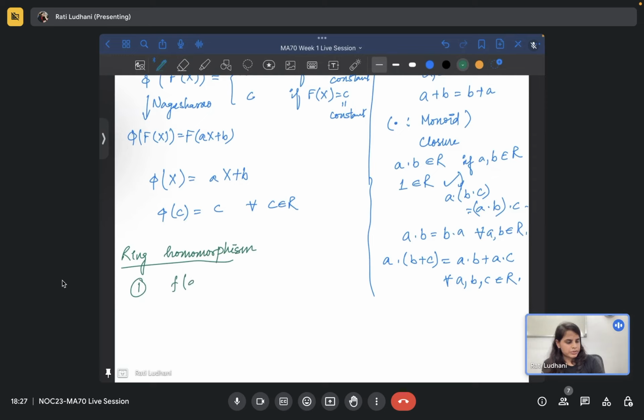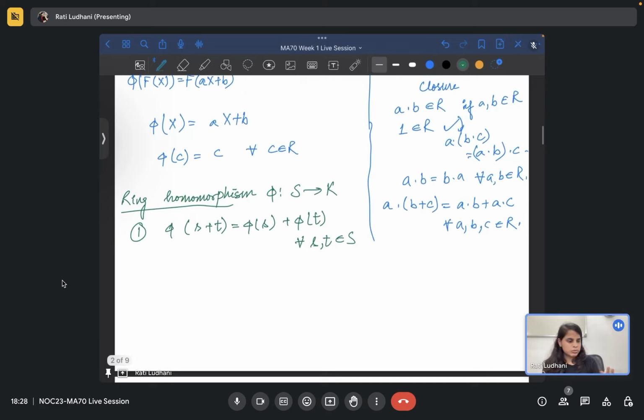Let me write the property, with some different notation, say phi from S to K. Phi is a ring homomorphism if phi of s plus t is equal to phi of s plus phi of t for all s, t belonging to S. This is group homomorphism with respect to addition.